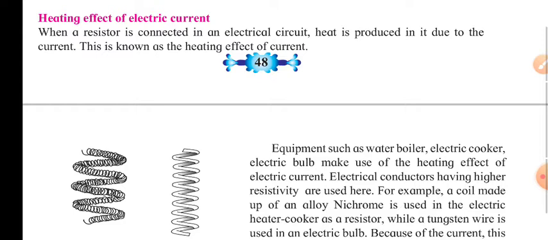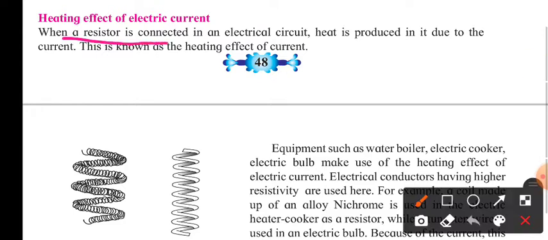So in that particular case, when there is resistance in the conductor, it utilizes electrical energy. It consumes a certain amount of electrical energy, and that consumed electrical energy gets converted into heat.